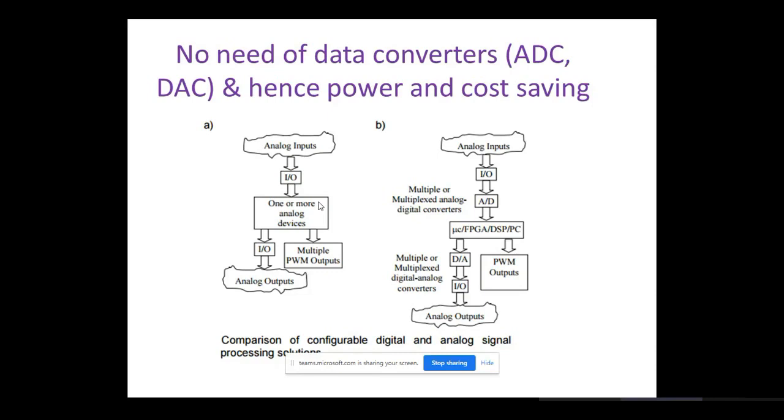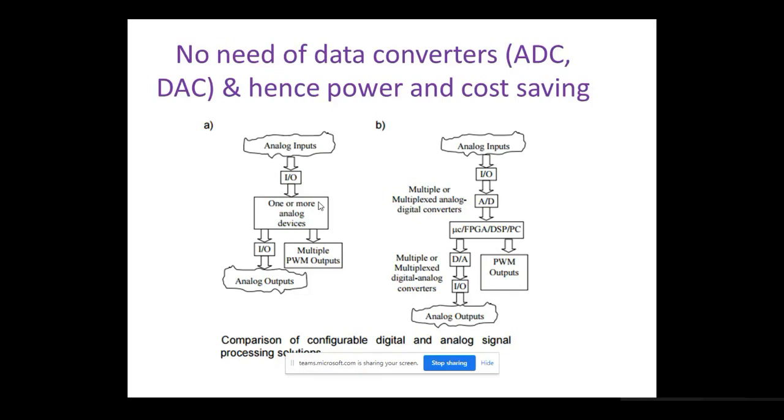Data converters are needed because if your processor is processing everything in the digital domain, we have to feed the input in digital format only. For example, if we are using a DSP board, microcontroller, or microprocessor, we have to feed data in digital format. But in this FPAA, we can feed everything in analog format.